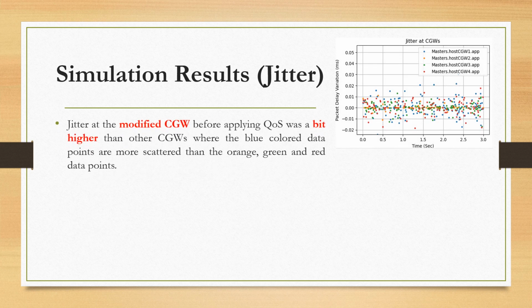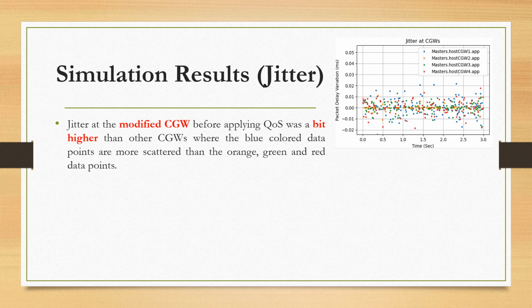For the jitter, of course, it has various forms, such as the variance of a packet delay, and it is the difference between the delay of consecutive packets, as indicated in the figure here.